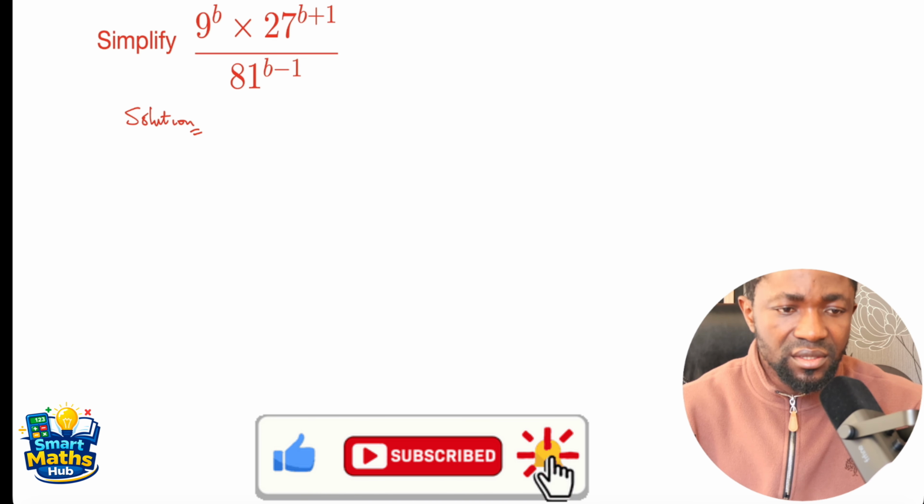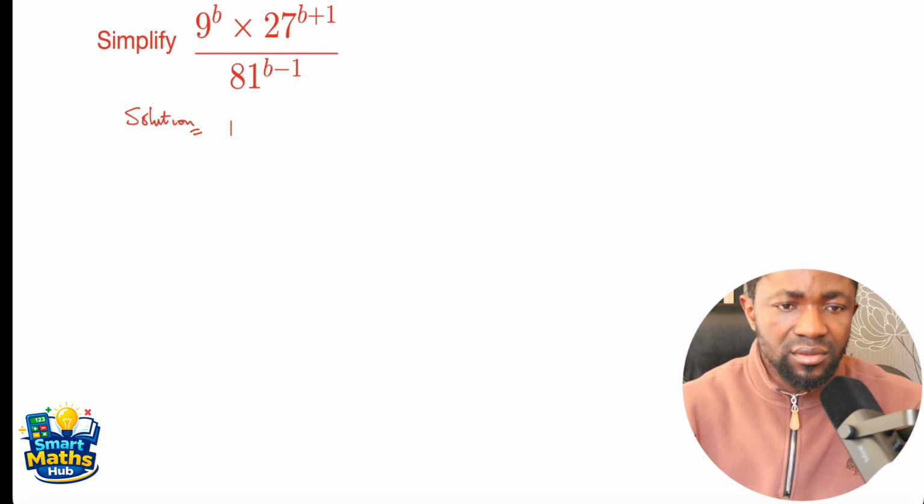So 9 raised to power b. I want to convert it to base 3.